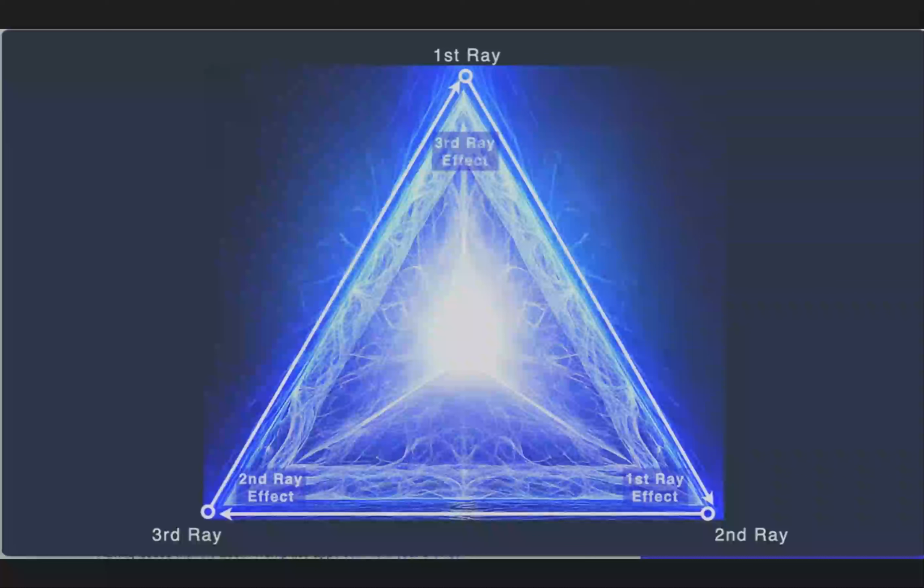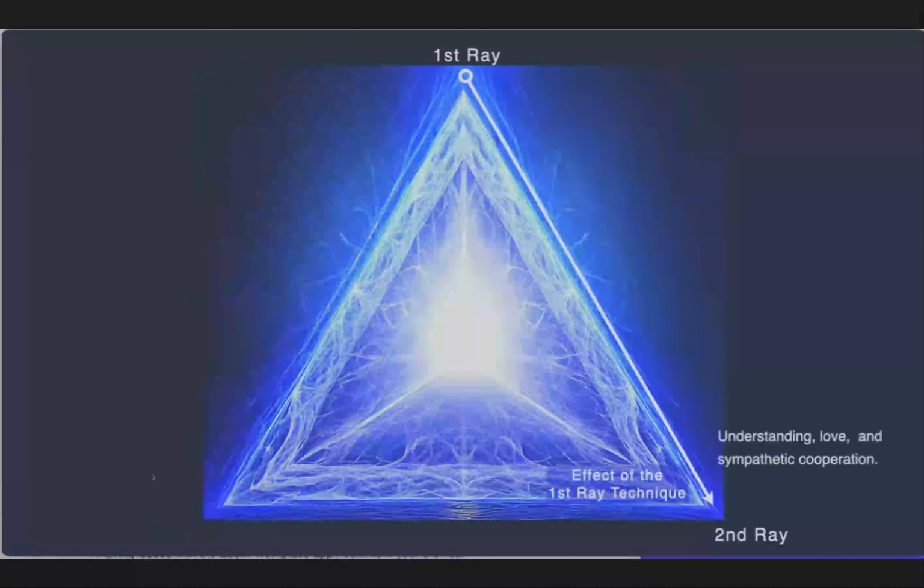When I wrote this sentence, I thought, I don't even understand what this means, but the example brings it forward. For example, the effects on the disciple engaged in the first ray technique of fusion demonstrate as the second ray qualities of understanding, love, and sympathetic cooperation.